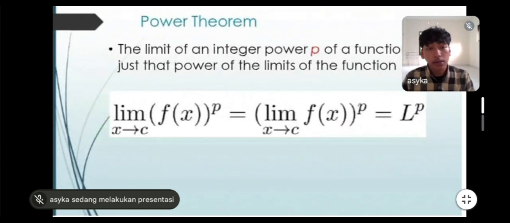Power theorem. The limit of an integer power p of a function is just that power of the limit of the function. Limit x approaching c of f(x) to the power p equals limit x approaching c f(x) to the power p equals L to the power p.